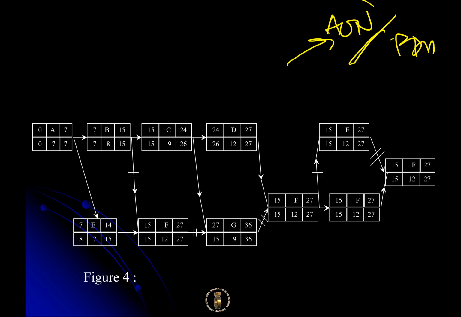Now, the reason why we develop a network is because we want to know the early start date, early finish, late start, late finish, and total float value. Everything is there. Is this the total float? No, that is the duration. We can calculate the total float as the difference between these values.